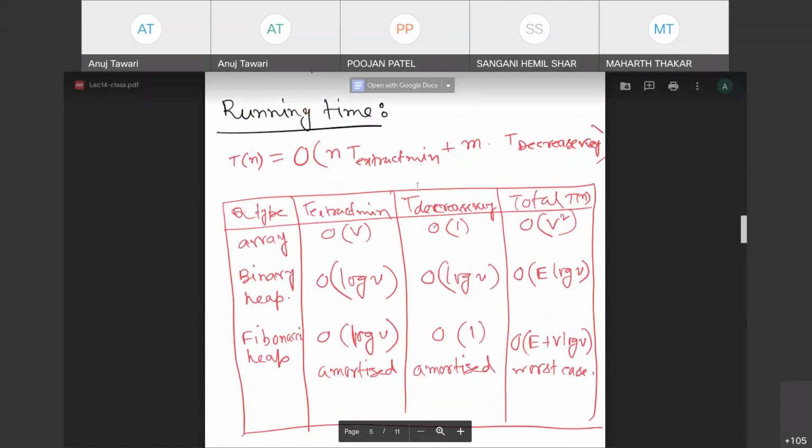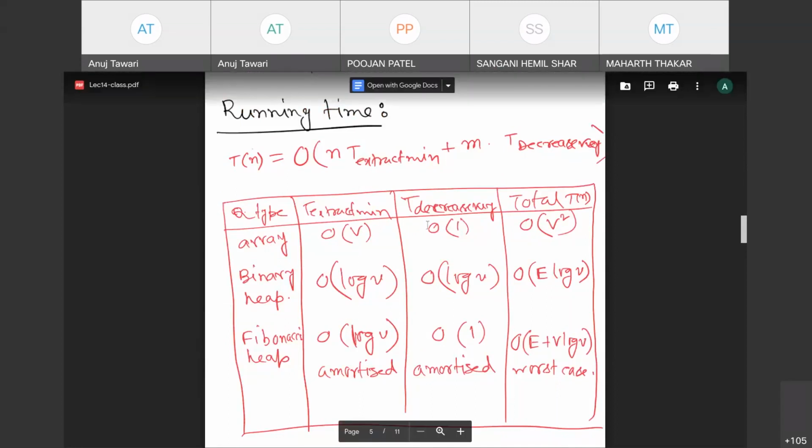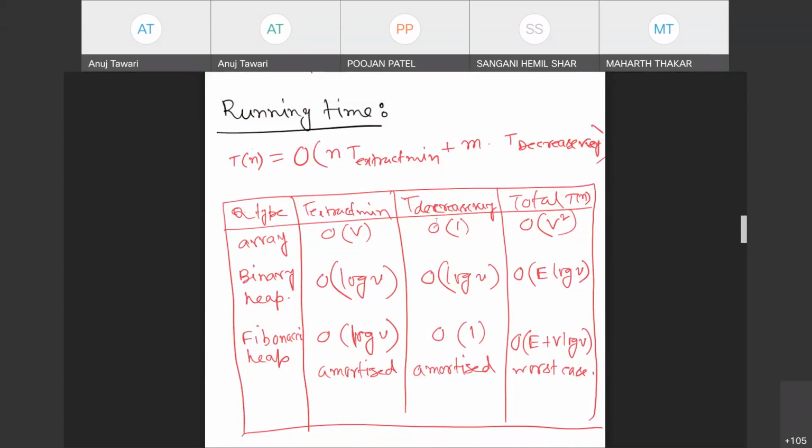Either you take an array, which stores these d values. For that, extract min is obviously big O of V. You can't do better than big O of V in this case. And because an array supports random access to any of its elements, decrease key just takes constant time.